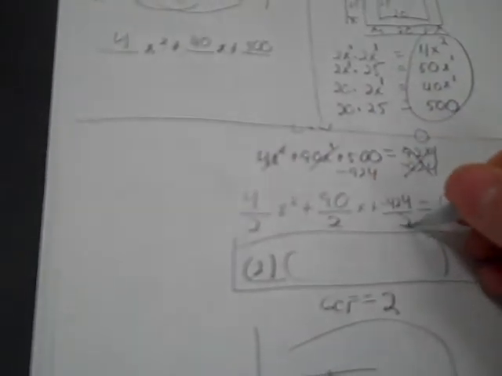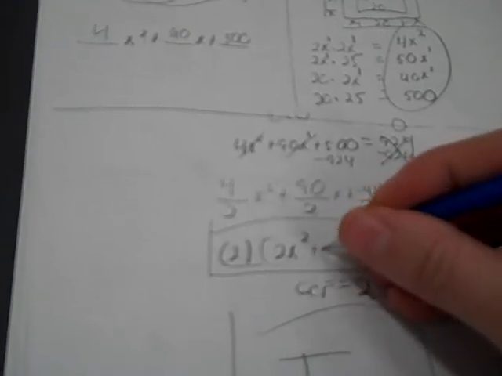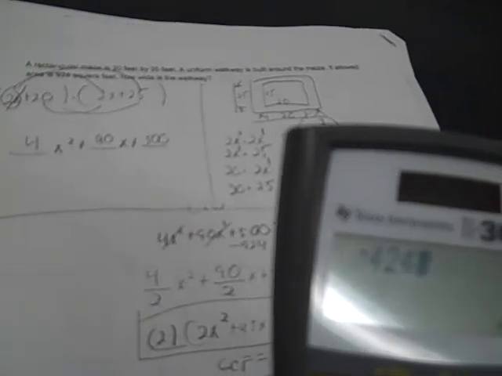Okay, so I got 2, so I definitely want to divide everything by 2. So that becomes 2x squared, 90 divided by 2 is 45x. And then negative 424 divided by 2 is negative 212.